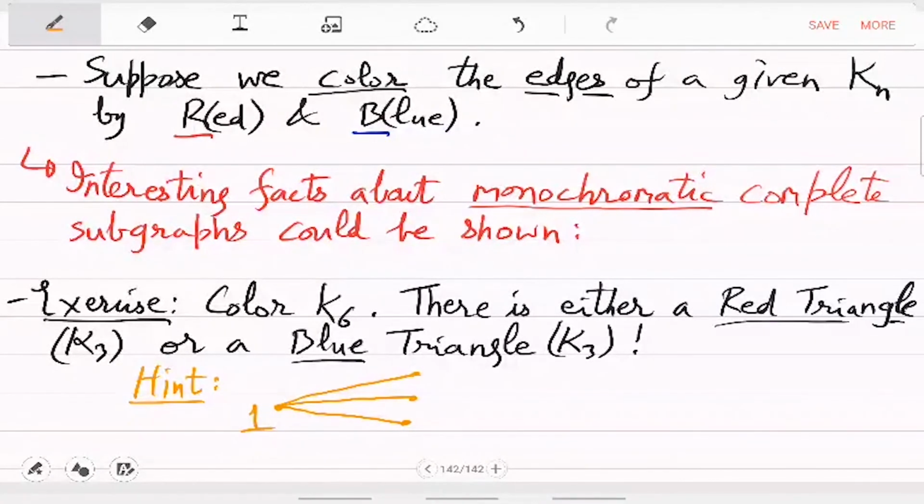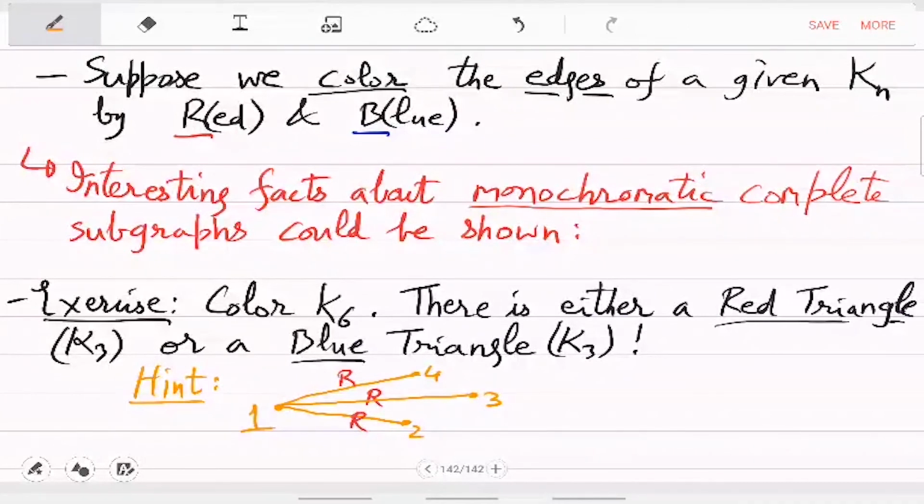So 3 of them have the same color, let us say red: 2, 3, 4 are all colored red. Either you will find 3 outgoing edges which are red, or 3 that are blue.